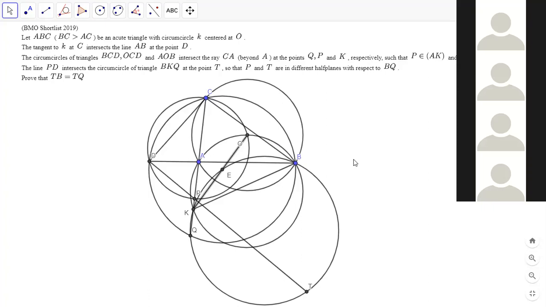So KCB will equal KBC, and KO is the angle bisector. So KO will be the altitude, of course.